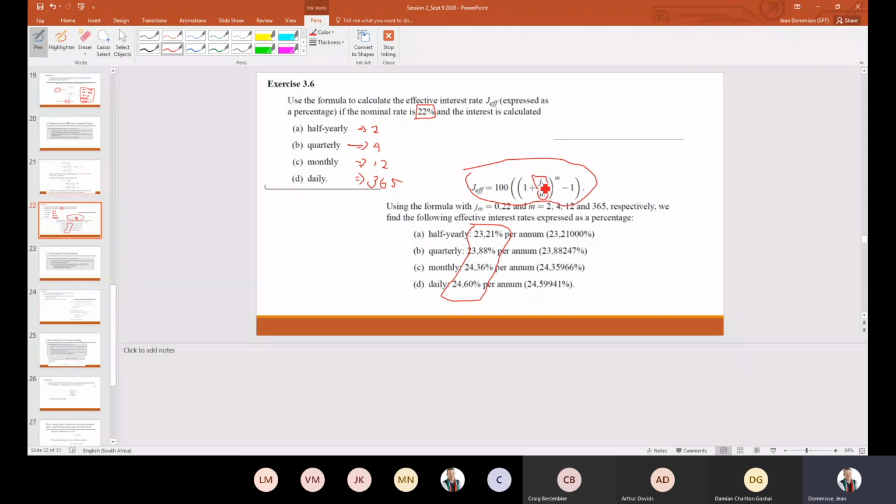You must just remember that you work it out, you add the 1, then to the power of the how many times, then minus 1, and then multiply everything with 100, and how you use the brackets. And again, if you need to do it 3 or 4 times, it is a bit quicker to do it with a calculator as well.